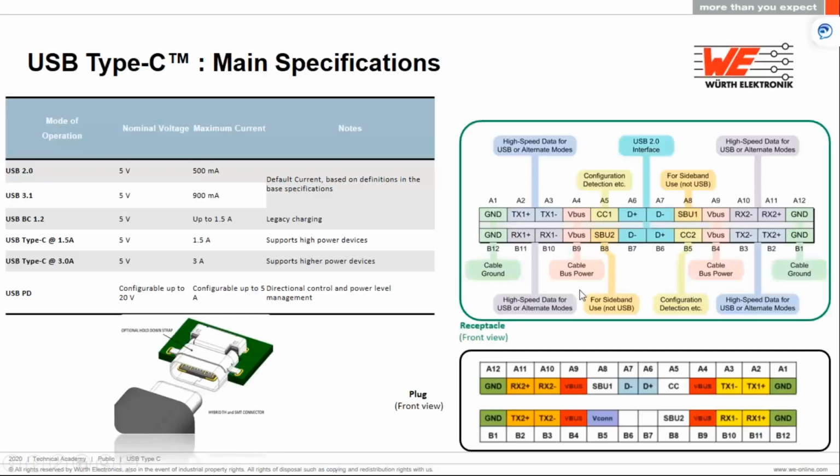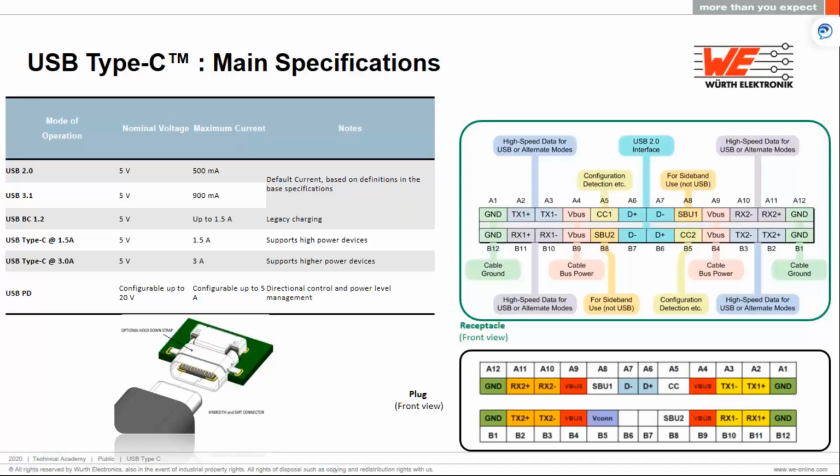So let's start by talking a little bit about the USB Type-C connector and cable structure. Now here you can see the front view of a Type-C receptacle. We have D+ and D- pins here that are used for the USB 2.0 interface. The TX and RX pins are used for high-speed data such as USB 3.0 or for any other alternate modes.